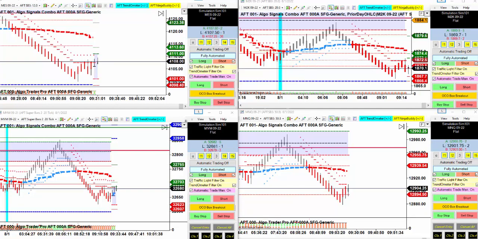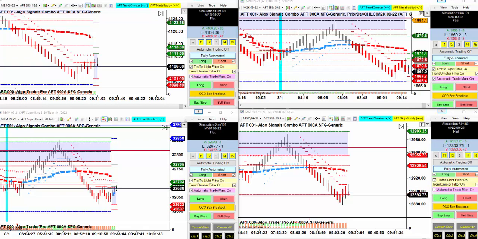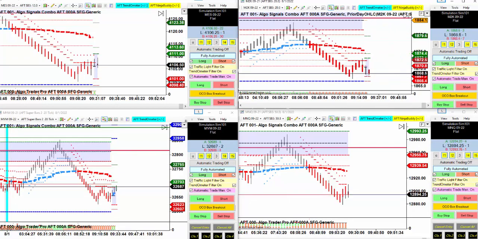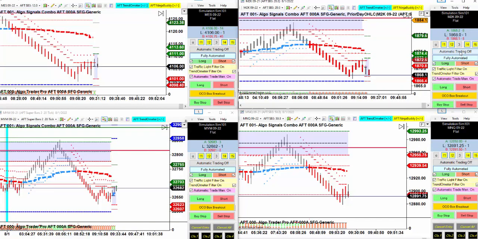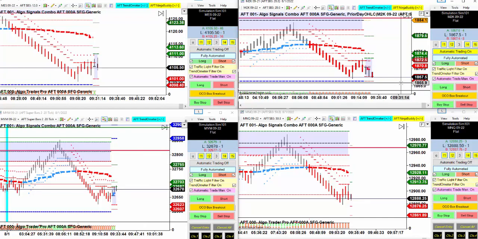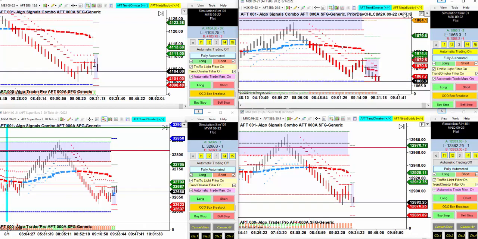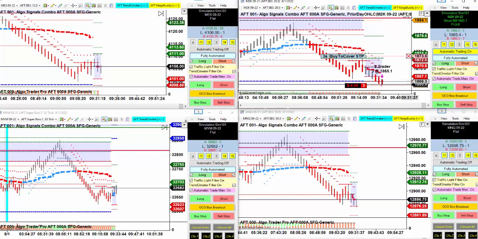Your Dow and your S&P have firmed up. Right now the Russell's the weak one. I'm going to turn the Russell on to the short side here. Order pending.